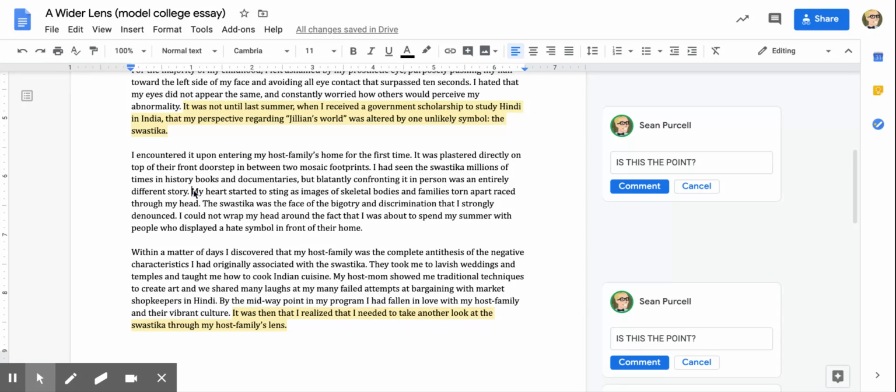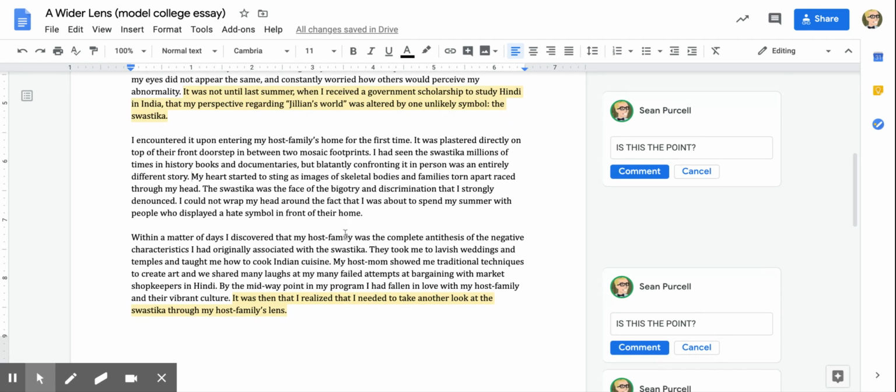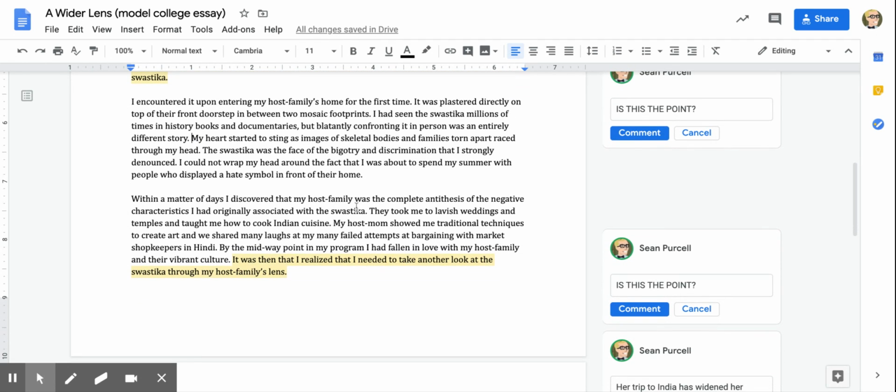She hates this symbol for what she associates it with, but at the same time, she likes her host family, and she says that they are the antithesis of what this symbol stands for in her mind.